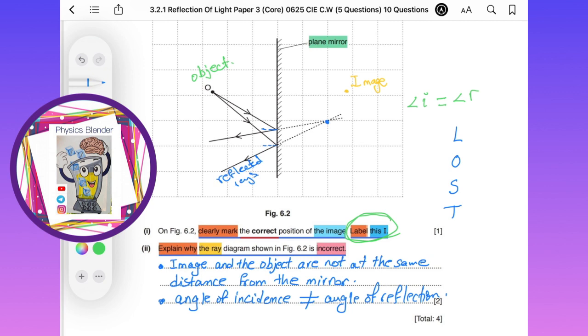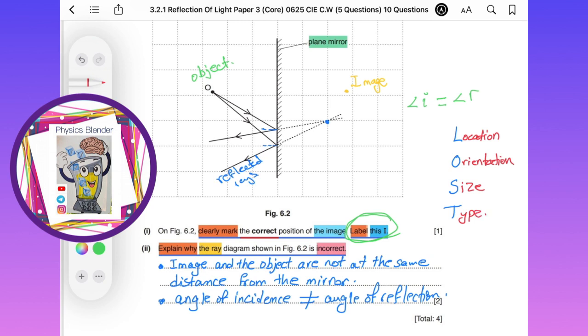We will discuss how the image will be formed. The first letters of these words are location, orientation, size, and type.